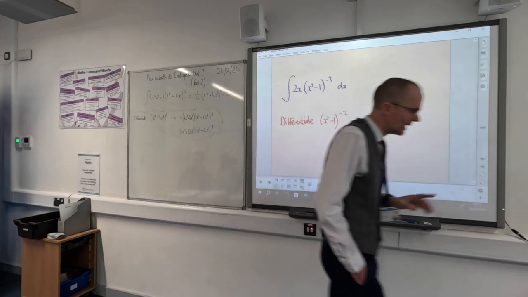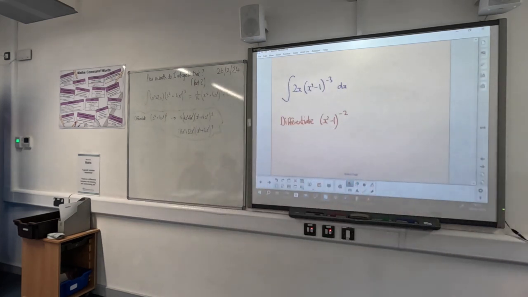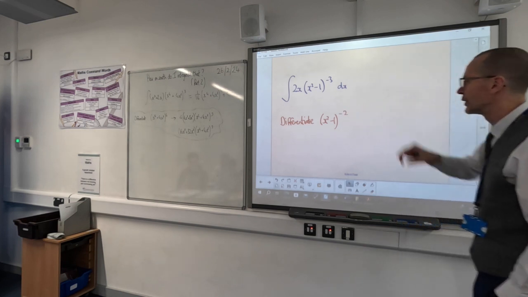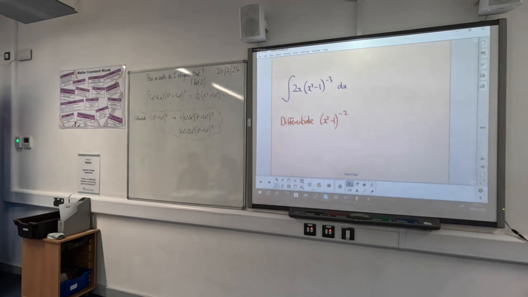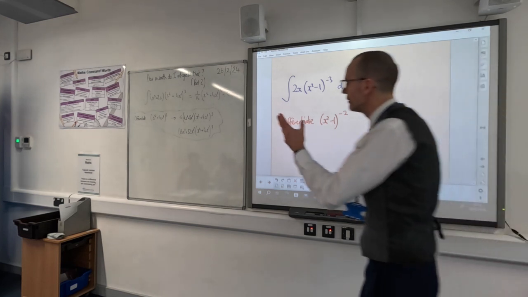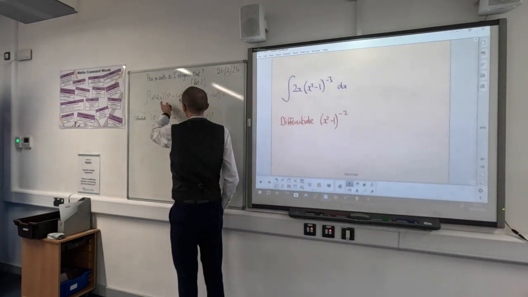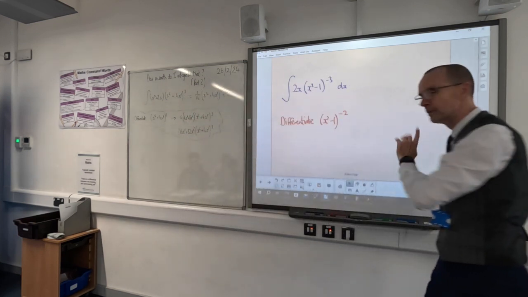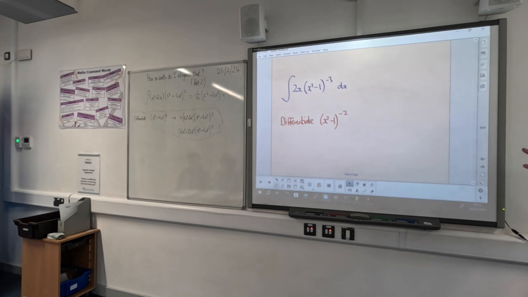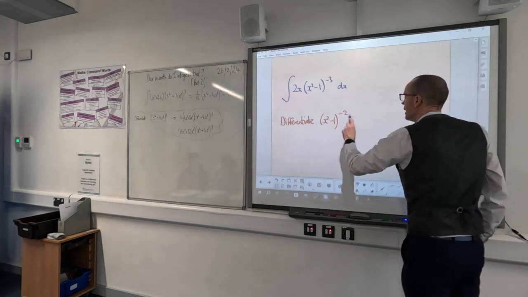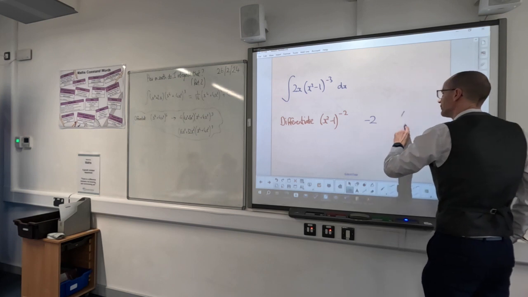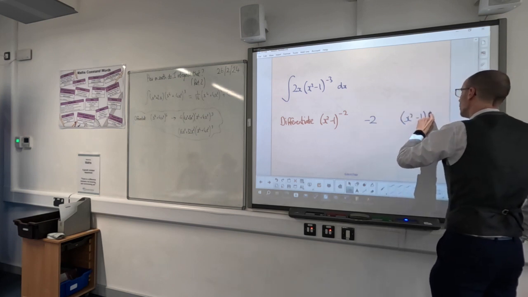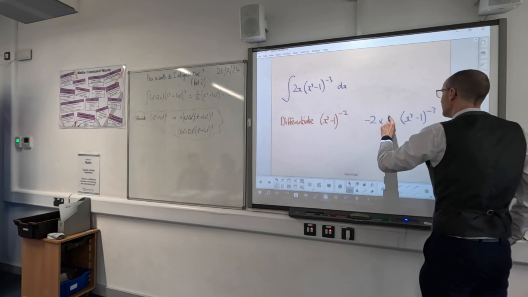And with D, the reason D isn't a log is because the denominator has a power. The f dash of x over f of x thing only works when you haven't got a power on the bottom. So I've rewritten it in this form, and just like before, I tried differentiating that with the power 1 bigger. I've got to make the power 1 bigger here, which is fiddly, isn't it? 1 bigger than minus 3 is minus 2. So let's try differentiating this. Multiply by the power, reduce the power by 1, and multiply by what you get when you differentiate the bracket.